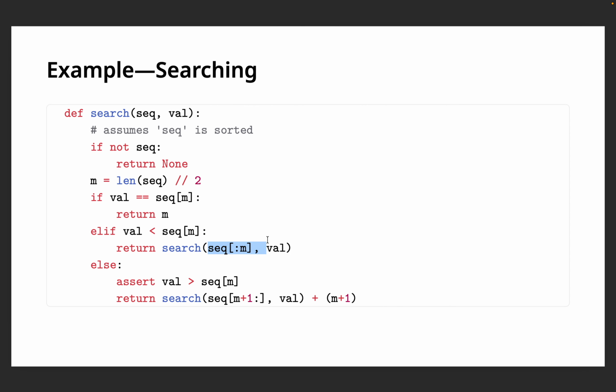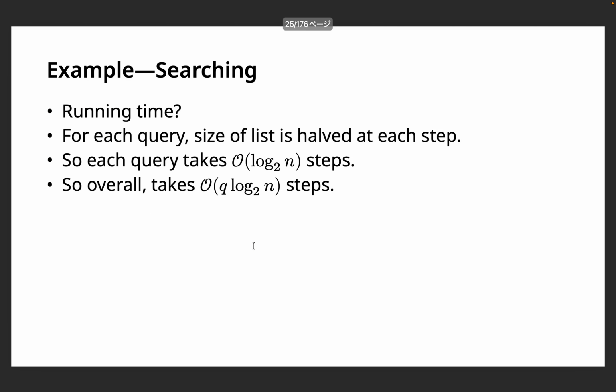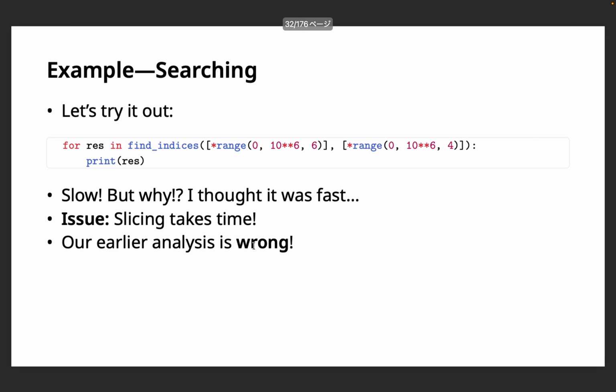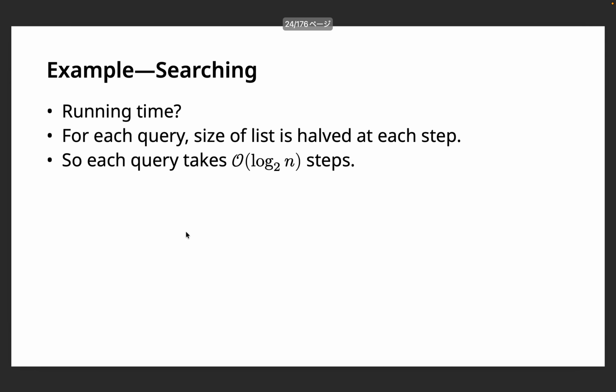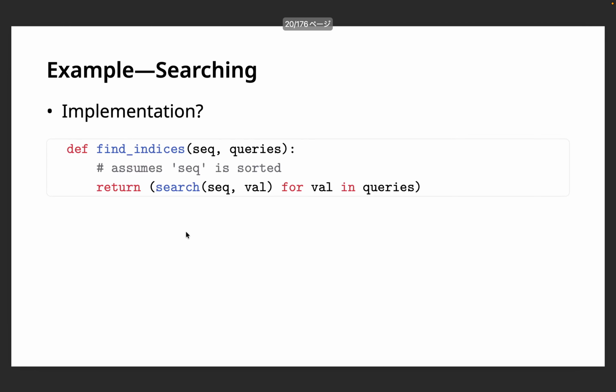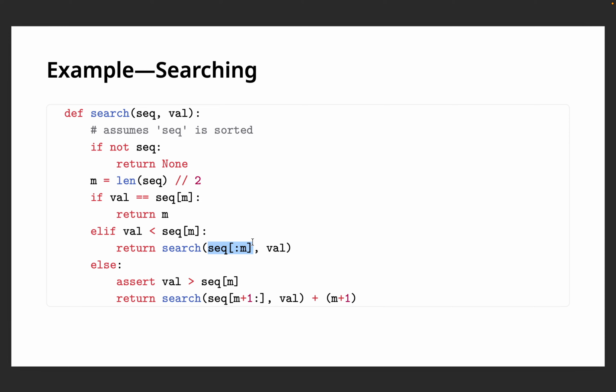And remember, in the previous lecture, we said that slicing can be slow because it makes an entirely new copy. So if we look at what's happening here, because of all of the slicing, you can think of it as whenever we're making a recursive call, we're also incurring the cost of copying this sequence over here.